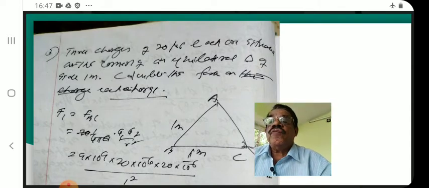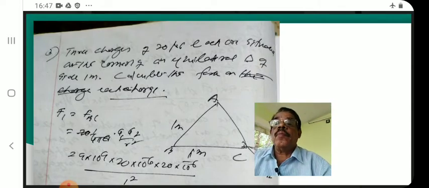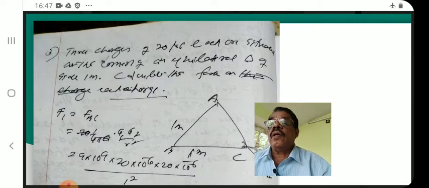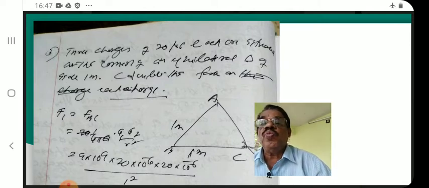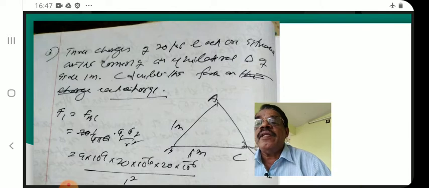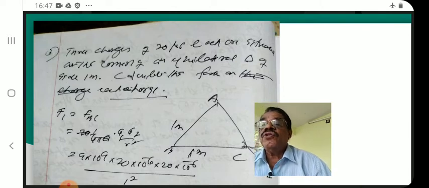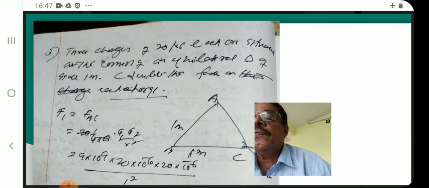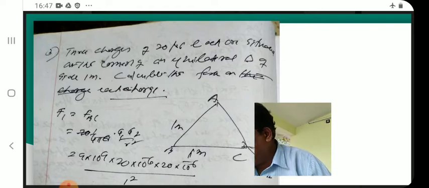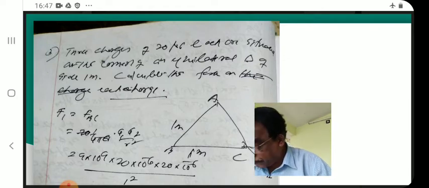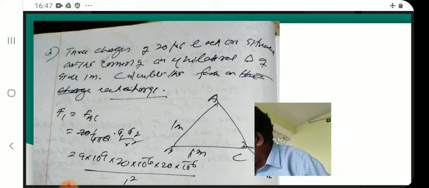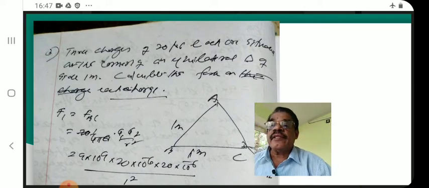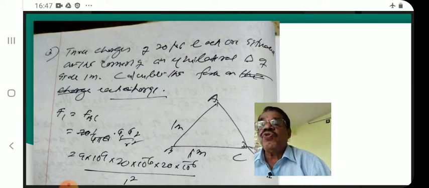Three charges of 20 microcoulomb each are situated at the corners of an equilateral triangle of side 1 meter. Calculate the force on each charge.